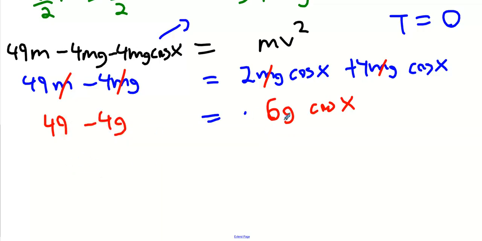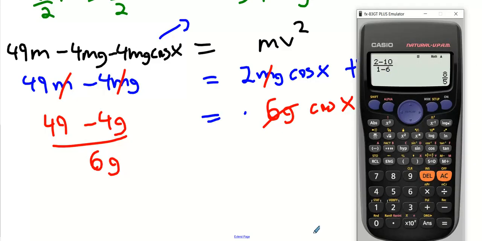See that 6g? I'm going to bring it underneath. And then in my calculator, I'm going to do 49 take away 9.8. Sorry, 4 times 9.8. And then I'm going to divide that answer by 6.